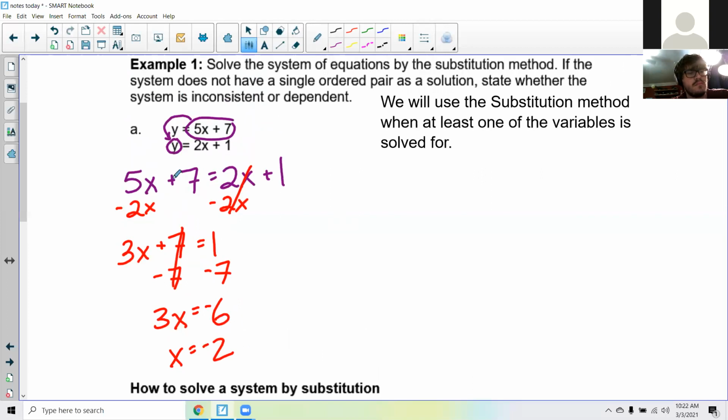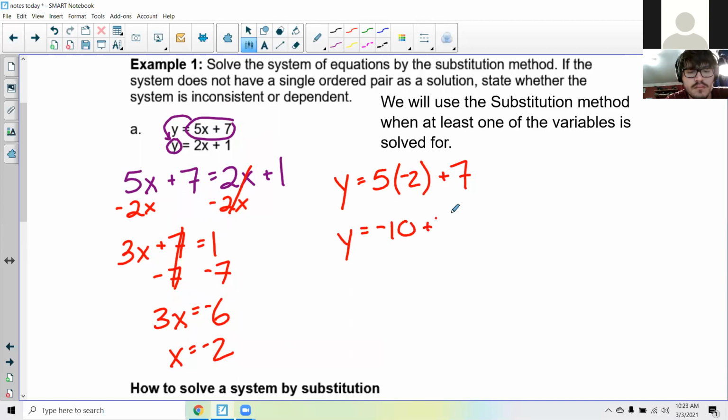So I'll just plug it back into the easier of the two. I get y equals 5 times negative 2 plus 7, so y equals negative 10 plus 7, so y equals negative 3.